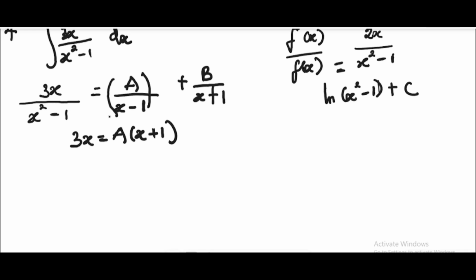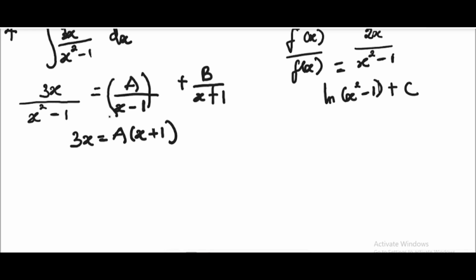We have x minus 1, right? So if we open up the brackets, we'll have 3x is equal to ax plus a plus bx minus b.